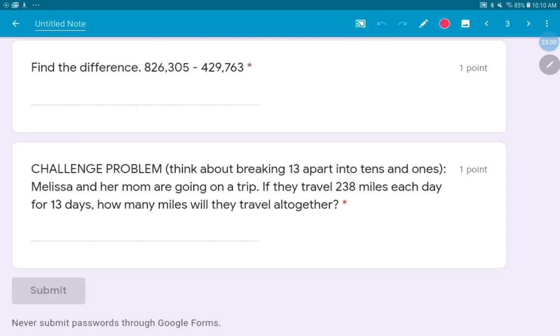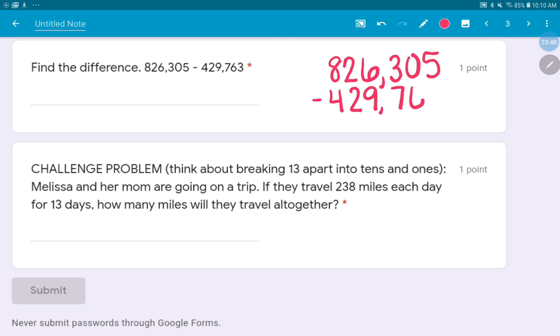Okay. Now I'm finding the difference. So if I'm finding the difference, I'm subtracting. I have 826,305 subtracting 429,763. 5 minus 3 is 2.